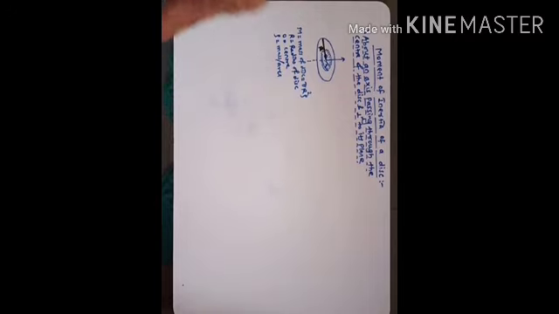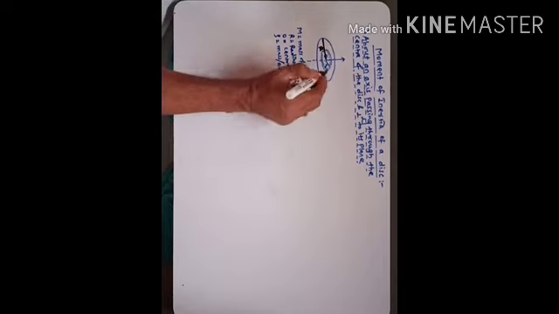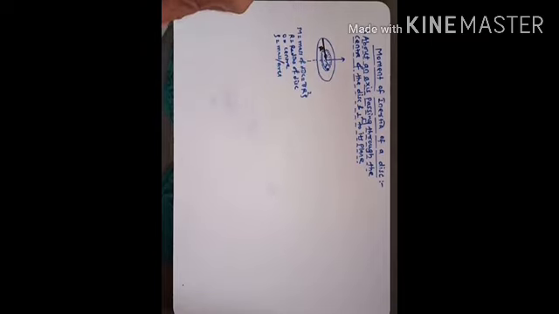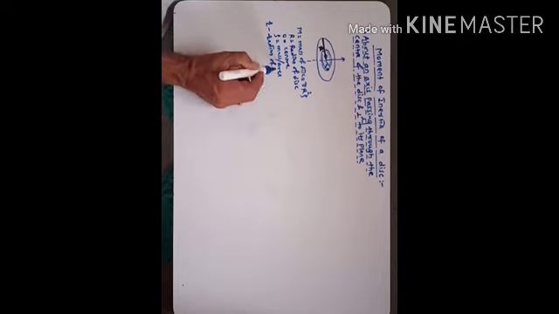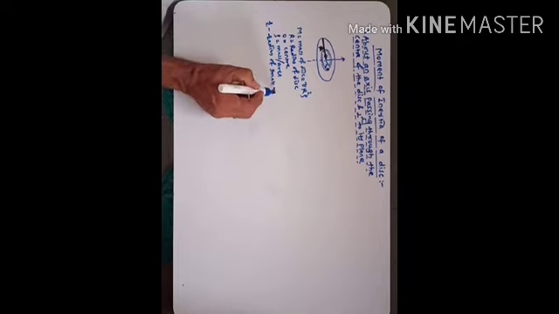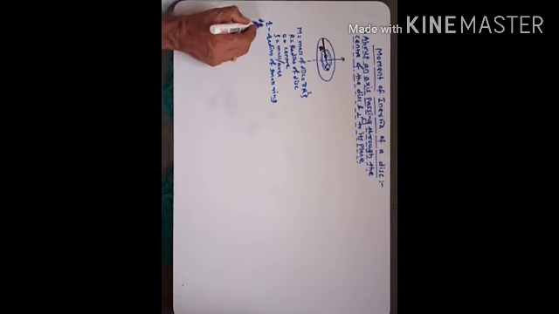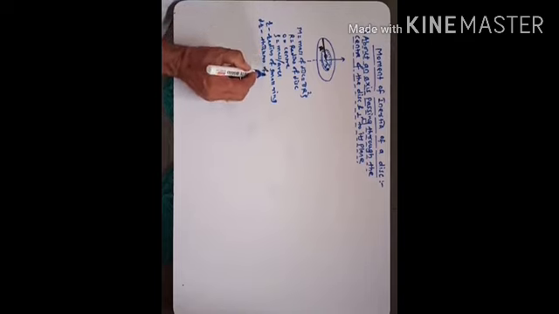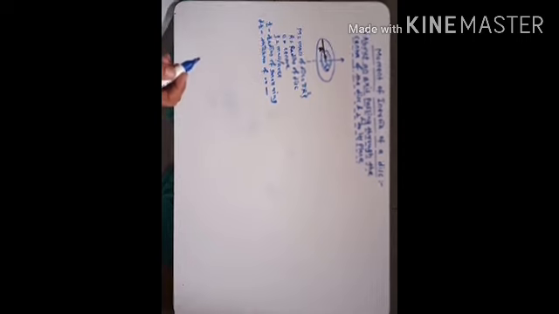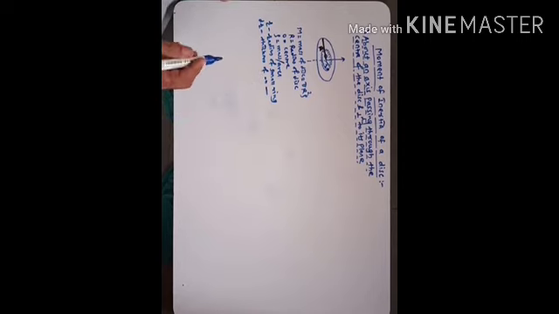I write here, small r, radius of small ring, and dr, thickness of small ring.